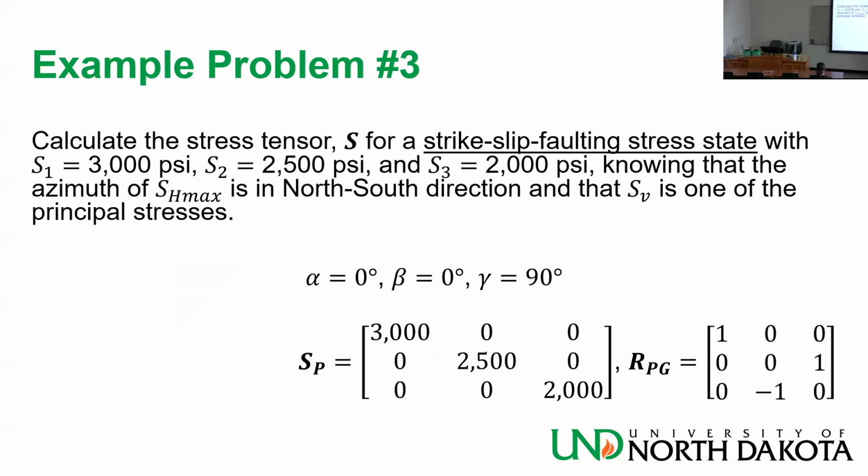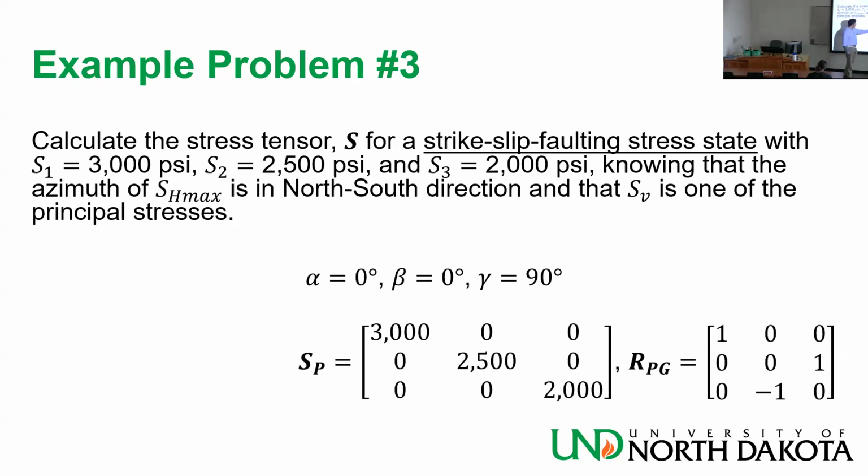So the same as before, but now it's a strike slip faulting stress state. And you know that the azimuth of SH max is in the north-south direction, and that SV is one of the principal stresses. So now my alpha is 0, my beta is 0, my gamma is 90.